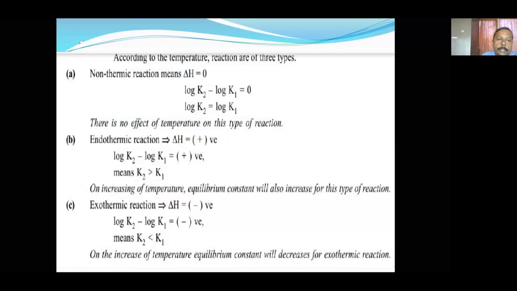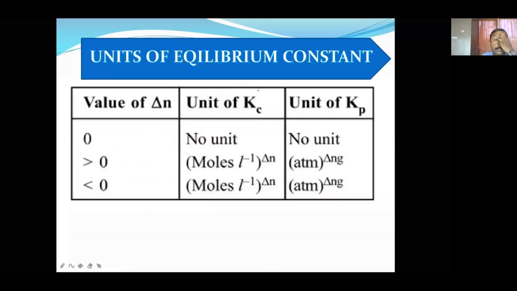Next topic is units of equilibrium constant. Being a constant, it is not supposed to have any units, but rather it is opposite. Kc will have plenty of units, Kp will have plenty of units.